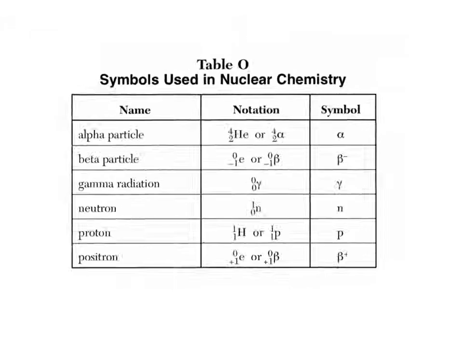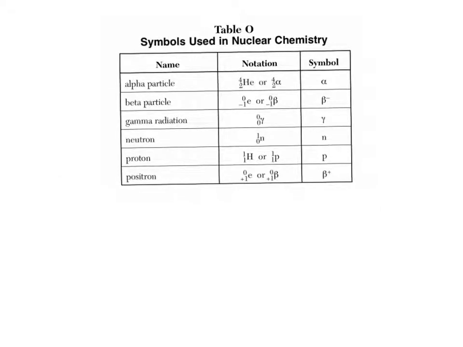We're going to start with, let's take a look at table O for a second. Let me go grab one. Here we go, table O. On table O, I don't know if you remember this, but we had alpha particles, beta particles, gamma rays, neutrons, protons, and positrons.